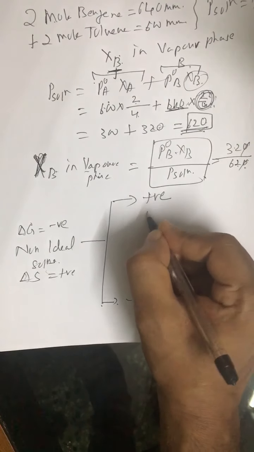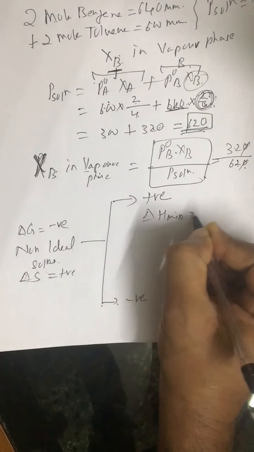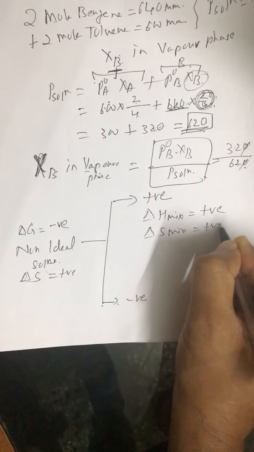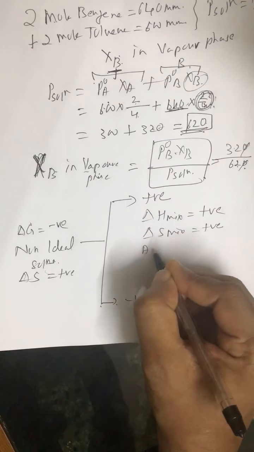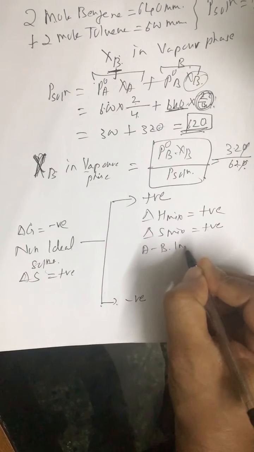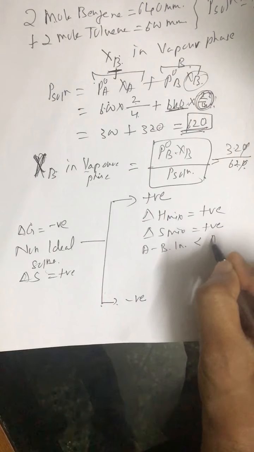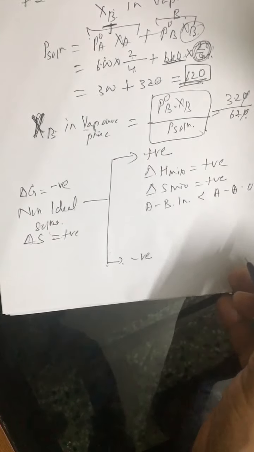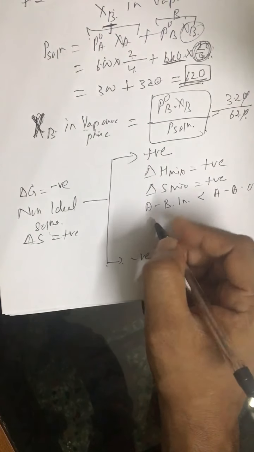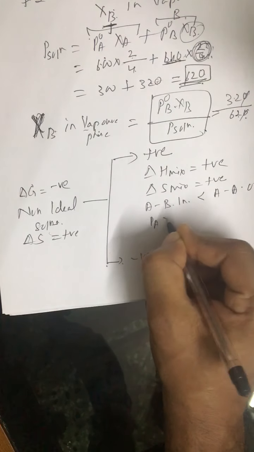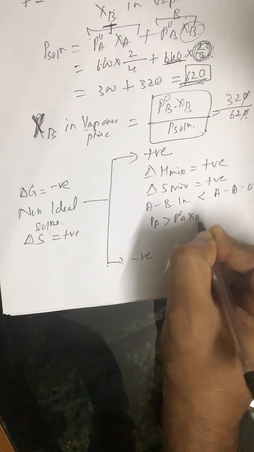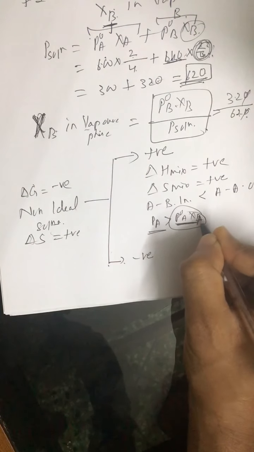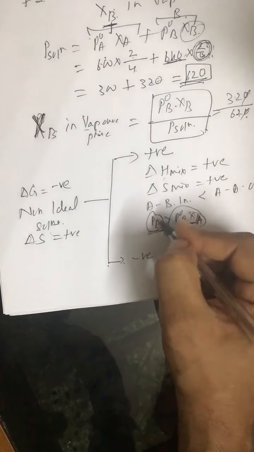For positive deviation, delta H mixing is positive. Second, delta S mixing is positive. Alright, then AB interaction is less than AA or BB interaction. Alright, and this PA is greater than P0A x of A, whatever Raoult expects, that is P0A x of A, means we will be having greater value.